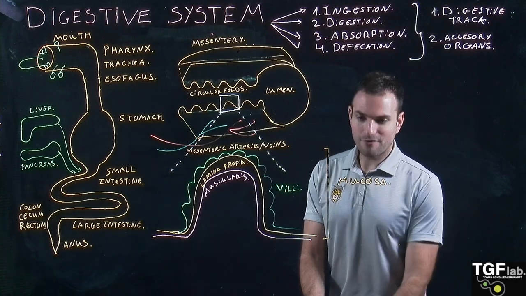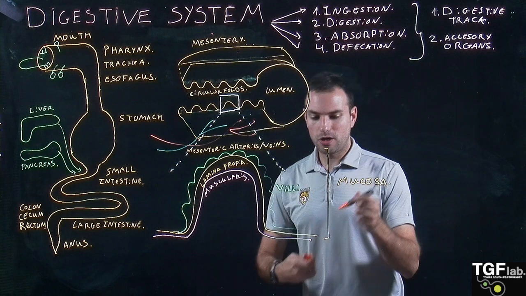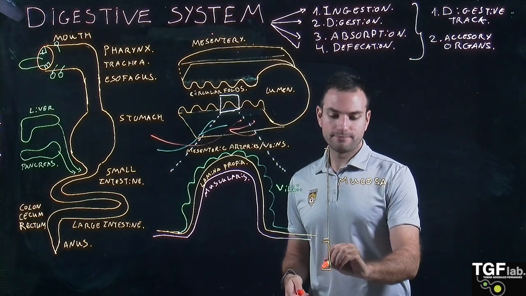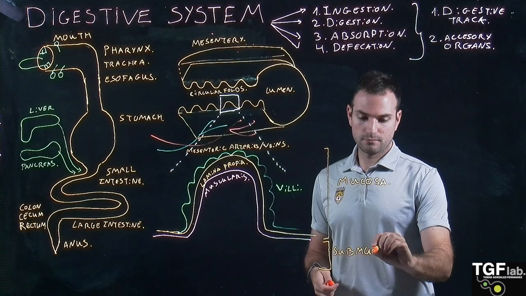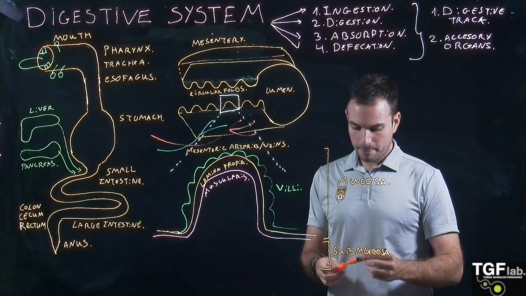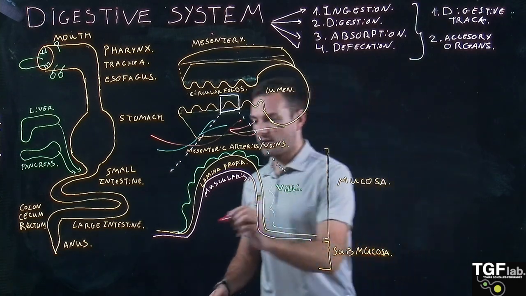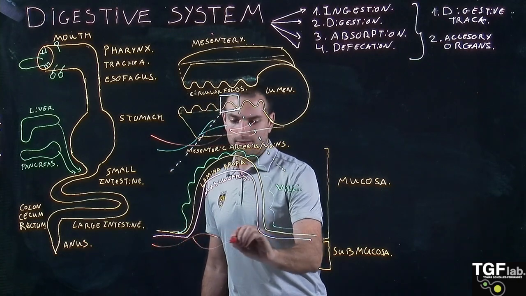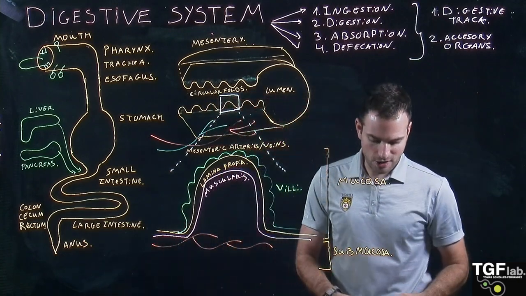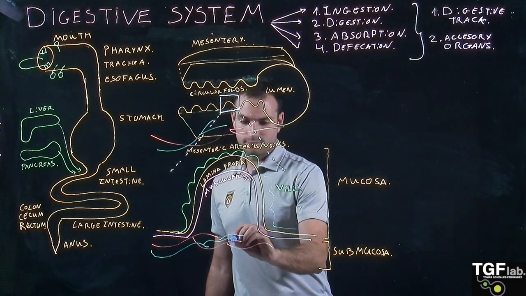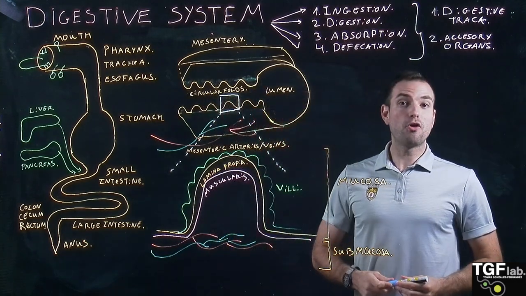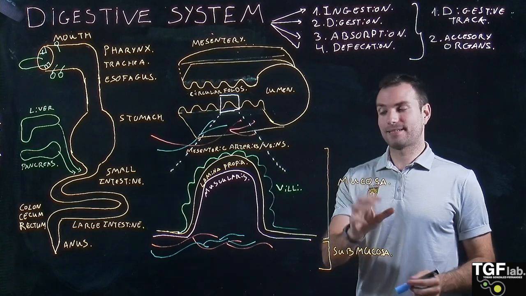Okay, so after the mucosa, we have another layer, which is called the submucosa. So the submucosa is going to have blood vessels, so veins and arteries. And also, very importantly, is going to have nerve cells.